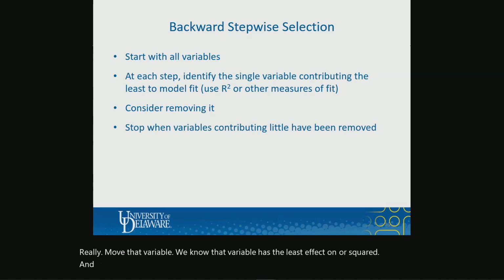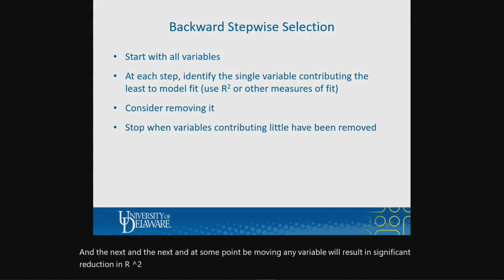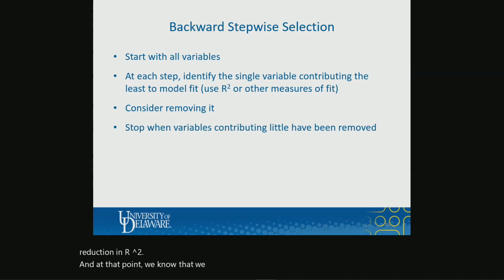And then we just repeat that. We just go and find the next variable to remove, and the next, and the next. And at some point, removing any variable will result in a significant reduction in R squared. And at that point, we know that we should not remove any more variables. And we have a good model.